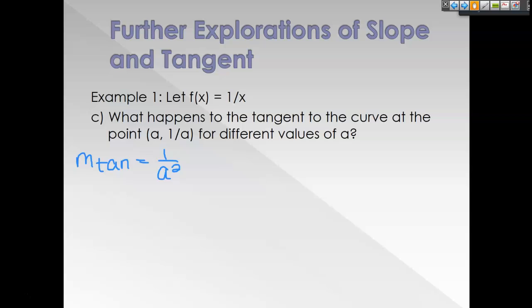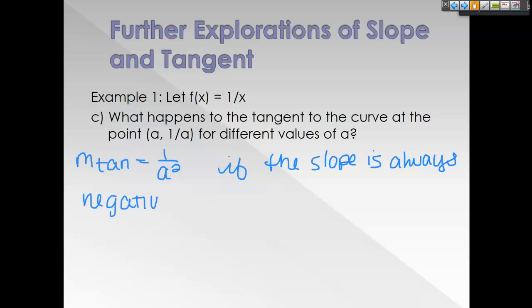If the slope is always negative, what would that tell you about the original graph?